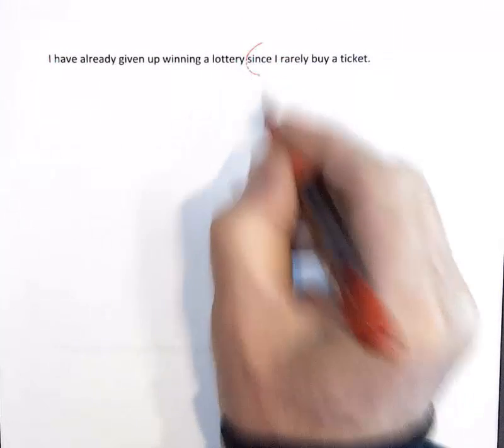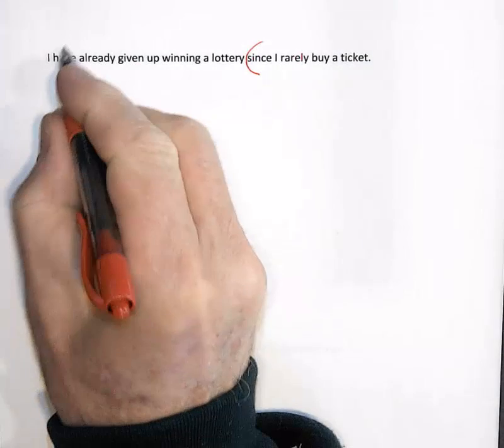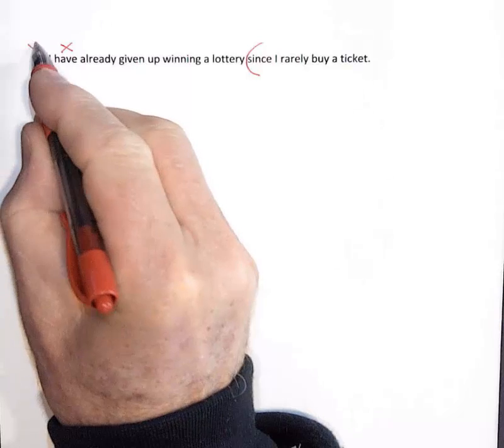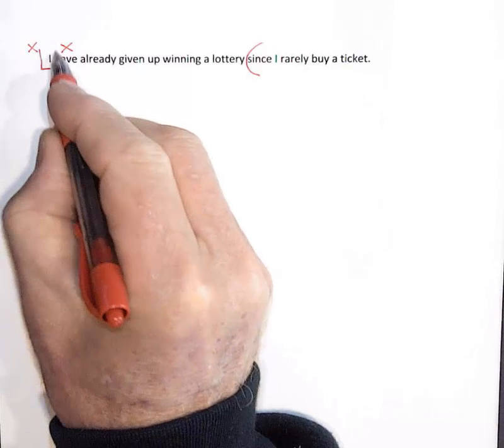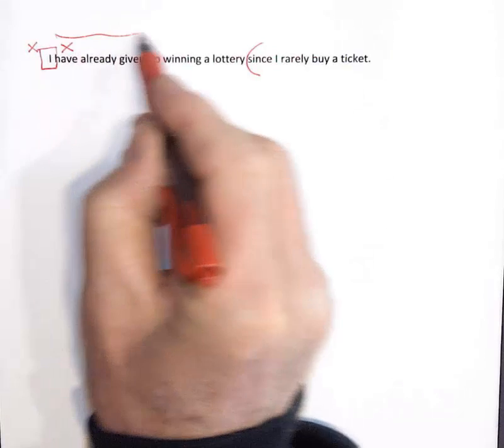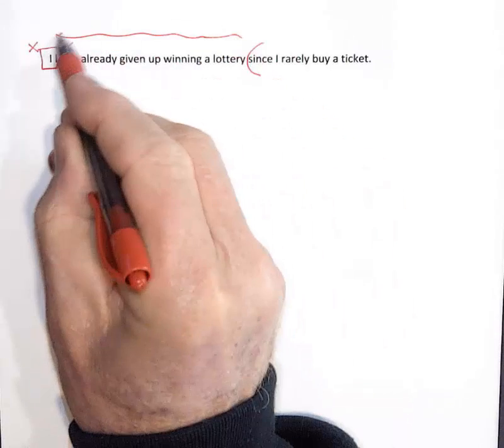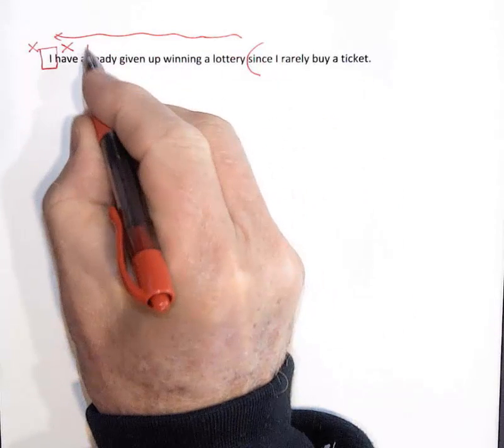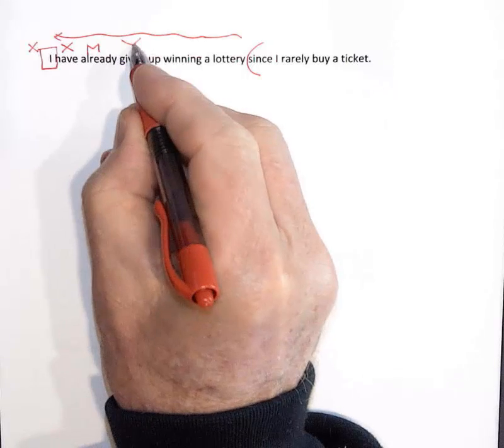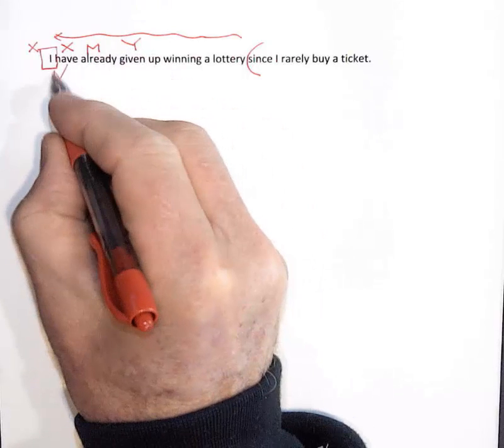Okay. I have already given up winning a lottery since I rarely buy a ticket. Since I rarely buy a ticket, I have already given up winning a lottery. There's our shifter. And now let's look for our two X word places. The subject and the predicate. The M place, the Y, and the ties.